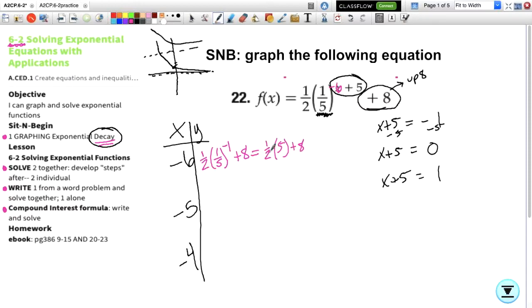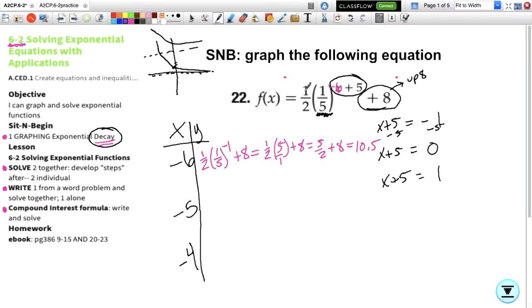Because I'm doing order of operations after exponents, I would multiply, and then add and subtract last. So I'm going to multiply these, and I'll put it over 1. I get 5/2 plus 8. Hopefully you realize, folks, that 5 divided by 2 is 2.5, and 2.5 plus 8 is 10.5. So my first coordinate pair is left negative 6, up 10.5.